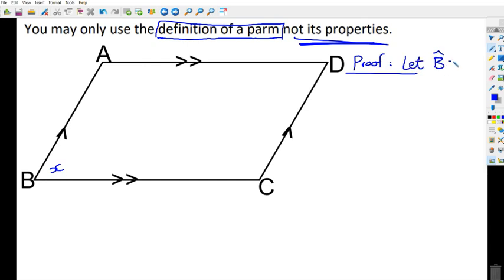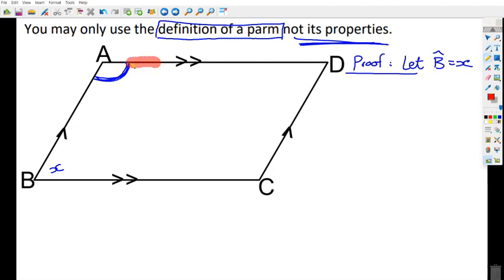So what do we know about this parallelogram? We only know that the opposite sides are parallel. So how is that going to help me find a value in terms of x for angle A over here? We can say co-interior angles. We can use the co-interior angles there.